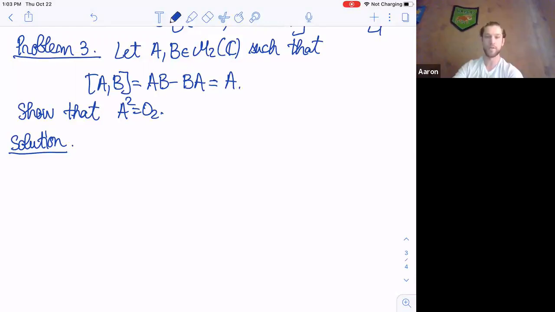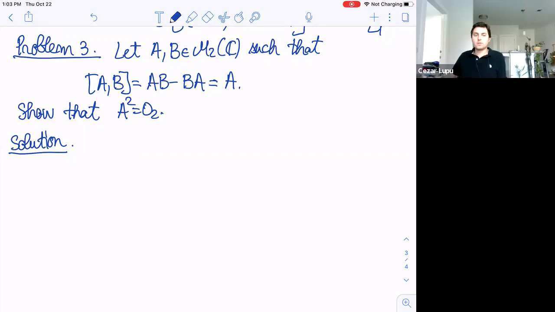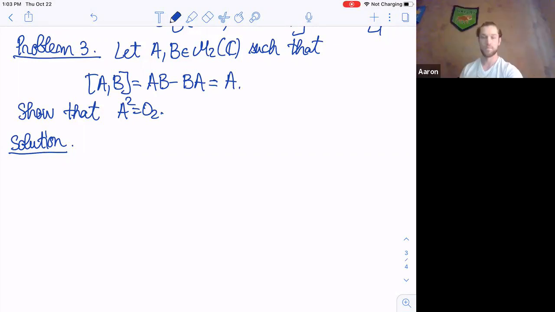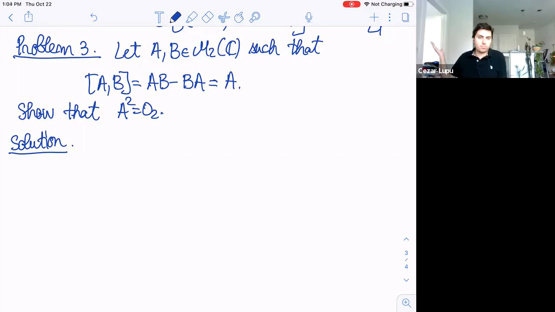So A and B are just any two elements in the 2 by 2 matrices? Yes, any two 2 by 2 matrices, correct. They don't have to be in a specific order. I'm considering 2 by 2 matrices, any two, doesn't matter. Okay.